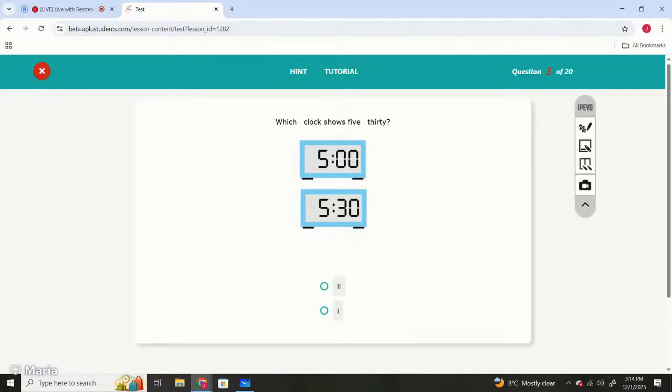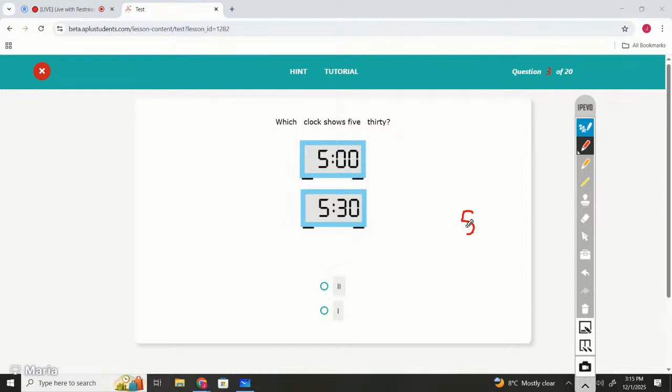Which clock shows 5:30? 5:30. That means 5 hours and 30 minutes. The correct option is the second one.